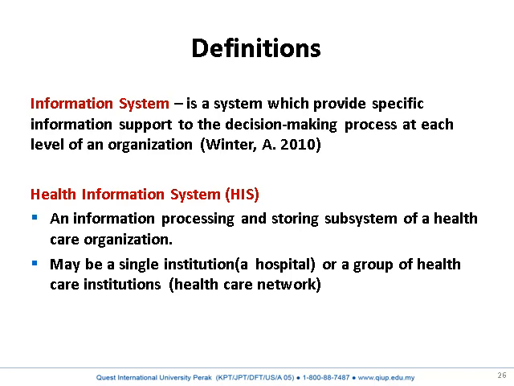An information processing and storing subsystem of a healthcare organization may be a single institution or a group of healthcare institutions. So, health information system should have information about a single institution or a group of institutions like a healthcare network.